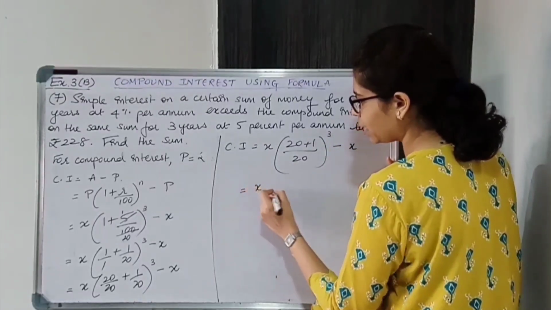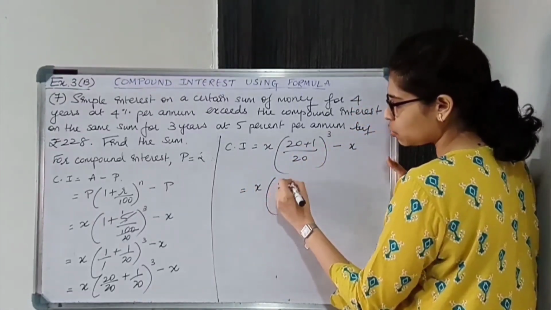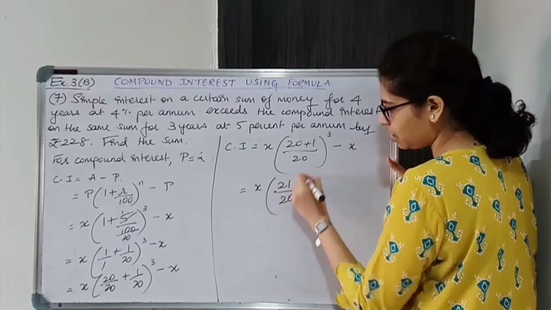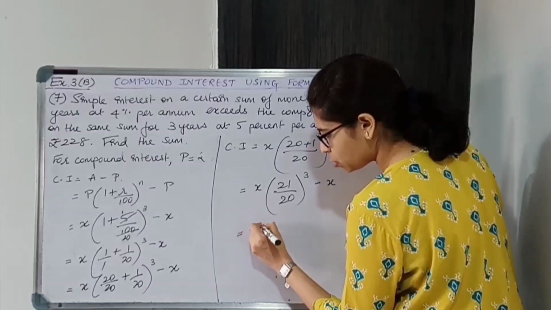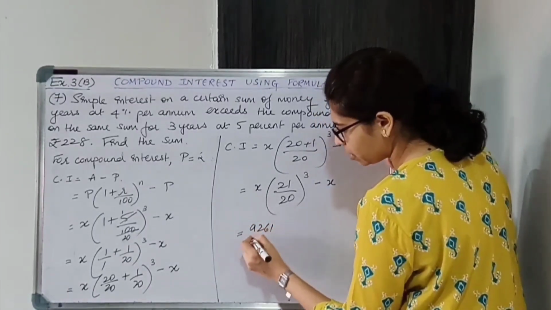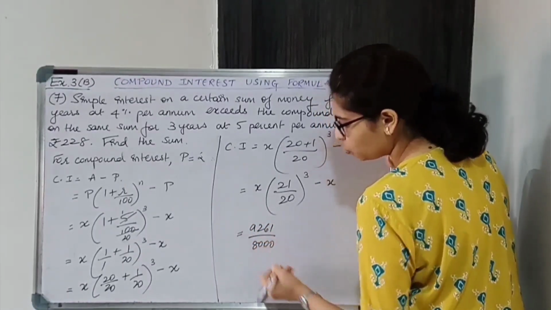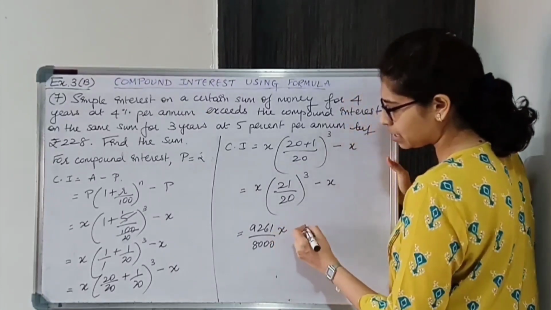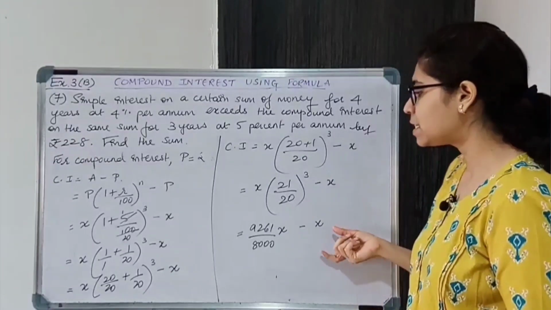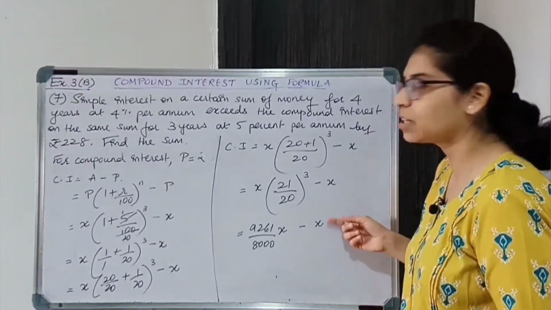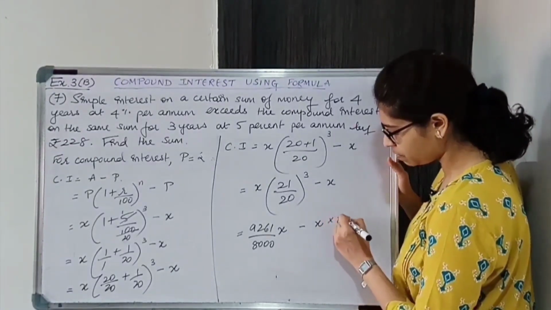So x into 20 plus 1 is 21 over here, 20 cube minus x. 21 cube is 9261. Okay, you can calculate and check. 20 cube is 8000 into x minus x. Over here again we'll try to get same denominator, that is we'll multiply by 8000 in both numerator and denominator.